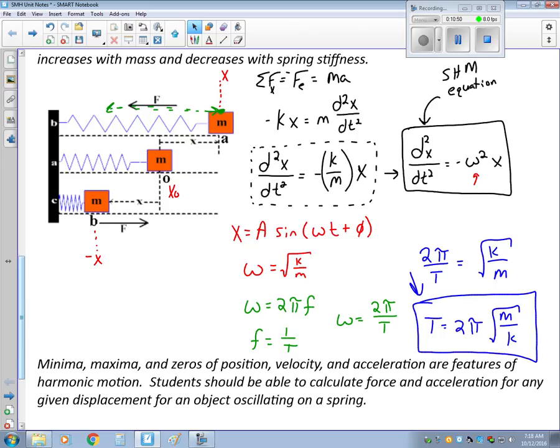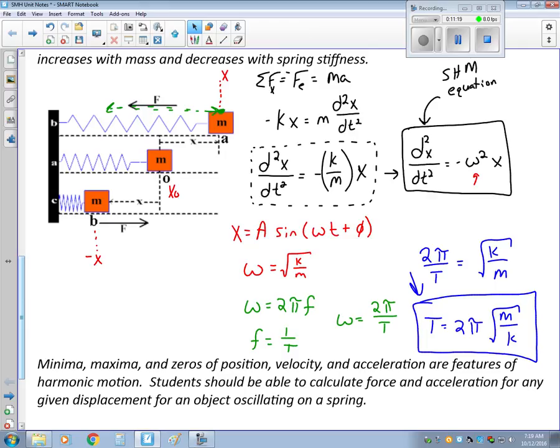The spring is in its relaxed state. However, that's when it's moving at its maximum velocity. So we have this relationship here where on the ends we have the greatest net force, giving us the greatest acceleration, but 0 velocity. Remember, just because the velocity is 0 does not mean that the acceleration is 0. And at the middle, we have the acceleration equals 0, the net force equals 0, but the velocity is at its greatest point.